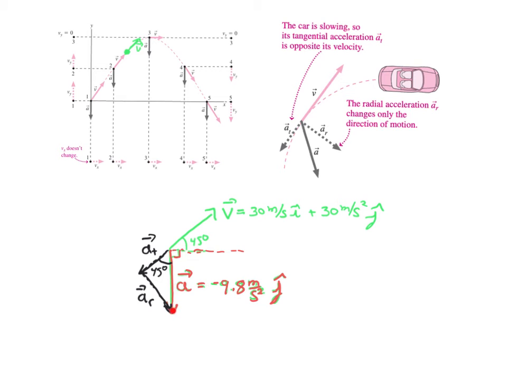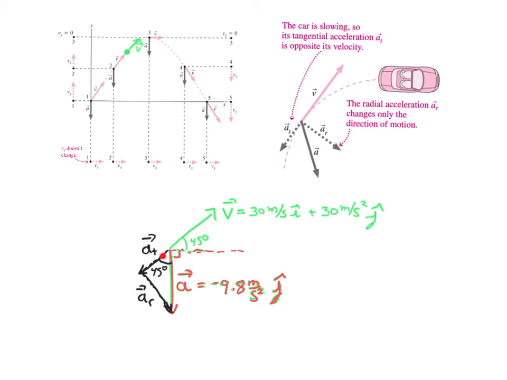The acceleration vector is pointed straight downward. And we can always break the acceleration into two components, one parallel or anti-parallel to the direction of the velocity vector, and the other perpendicular to that direction.